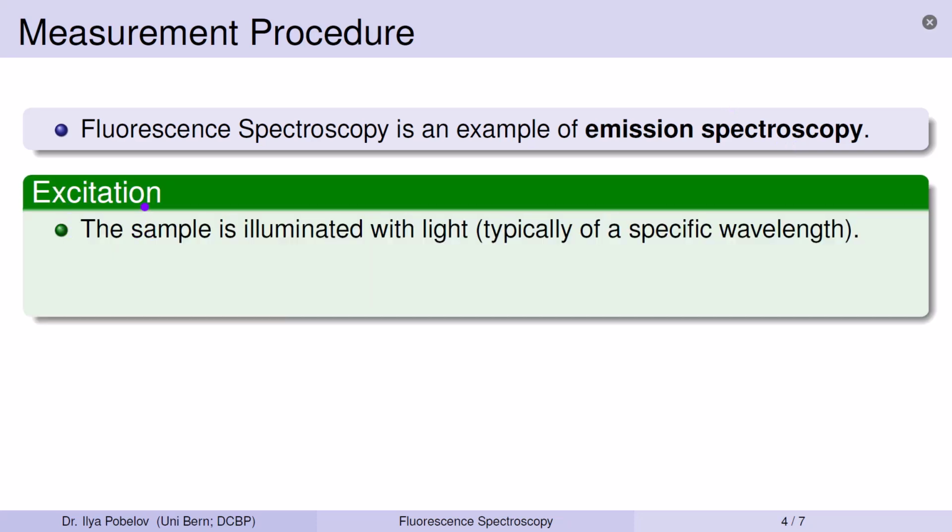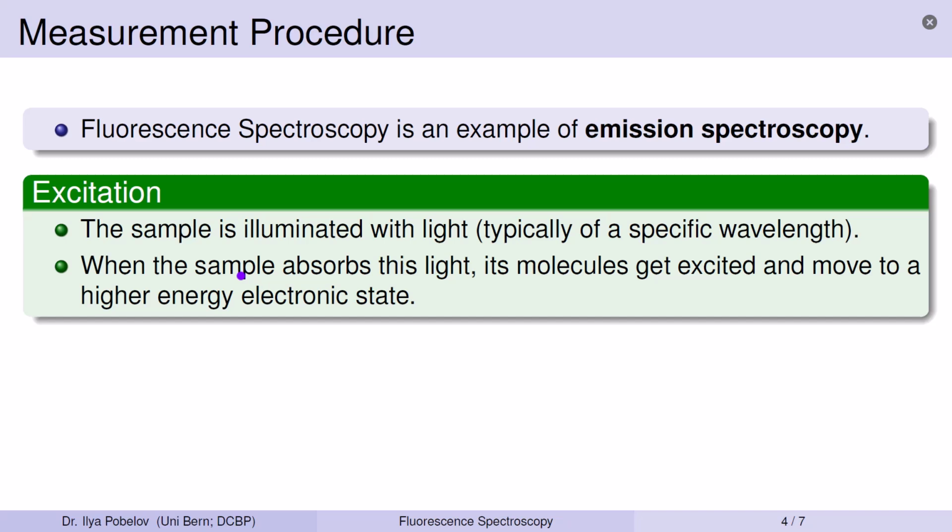Generally, to obtain a fluorescence spectrum of a sample, we first have to illuminate it with light. This light is typically of a specific wavelength. When the sample absorbs this light, its molecules get excited and move to a higher energy electronic state. This is what we refer to as the excitation step.